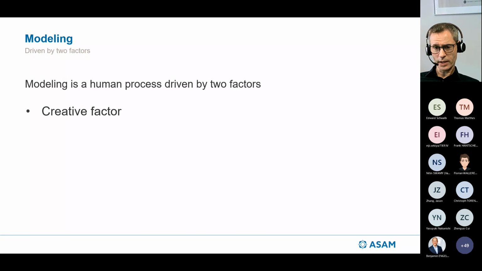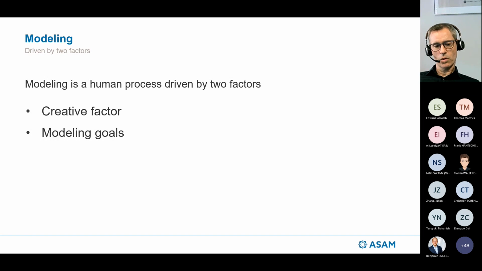And the second, which we will meet here again, is the modeling goals. When you are creating a model, you usually have in mind what problem is to be solved with this model. Is it a descriptive, prescriptive, or predictive problem? This will affect the model and the modeling process very strongly.